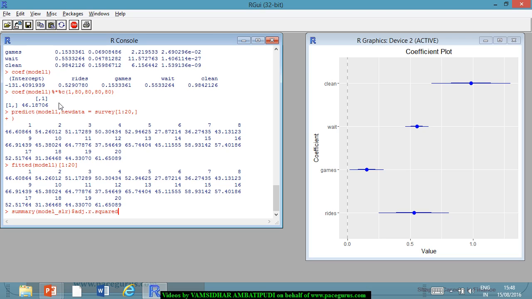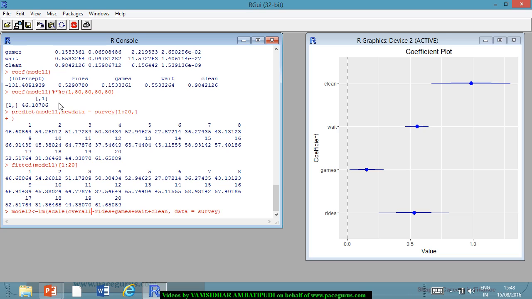The only difference being, in the model 2 that I have, let me take the model, let me call it model 2, wherein I am taking, instead of overall, I'll take the scale of overall.